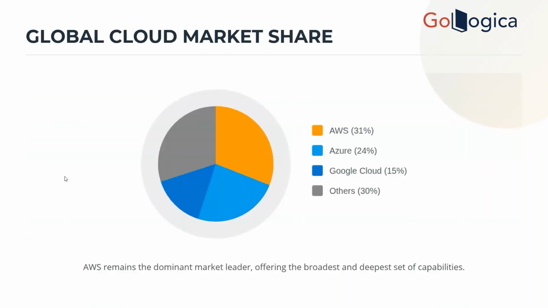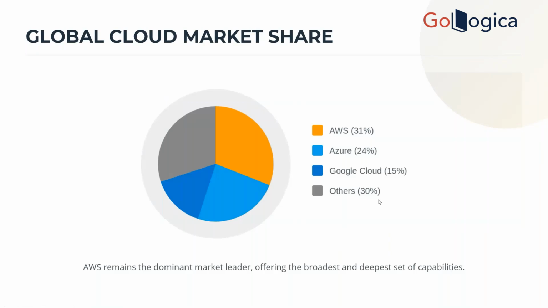All right. So moving to the next one, global cloud market share. Here we can see how AWS is leading the global market with 31% of the share, followed by Azure at 24%. Then we have Google Cloud at right around 15%, and all other providers take up the remaining 30% of the share.